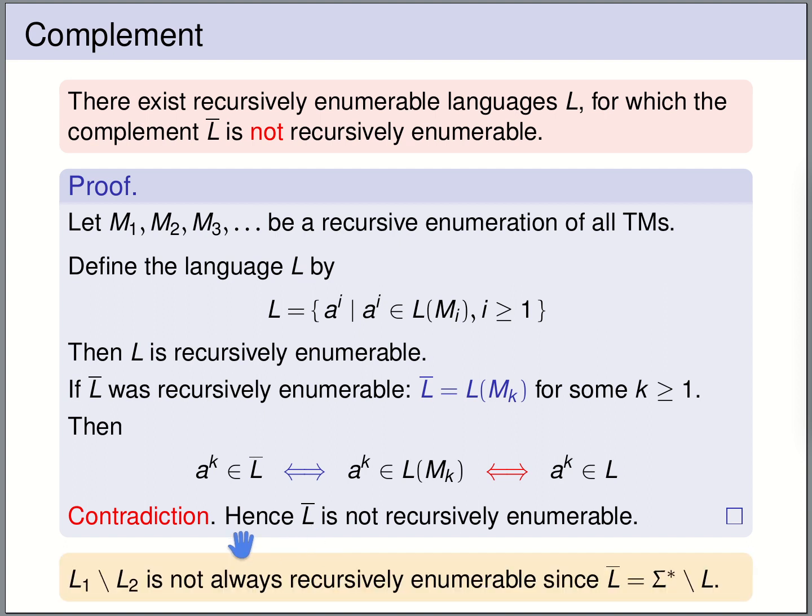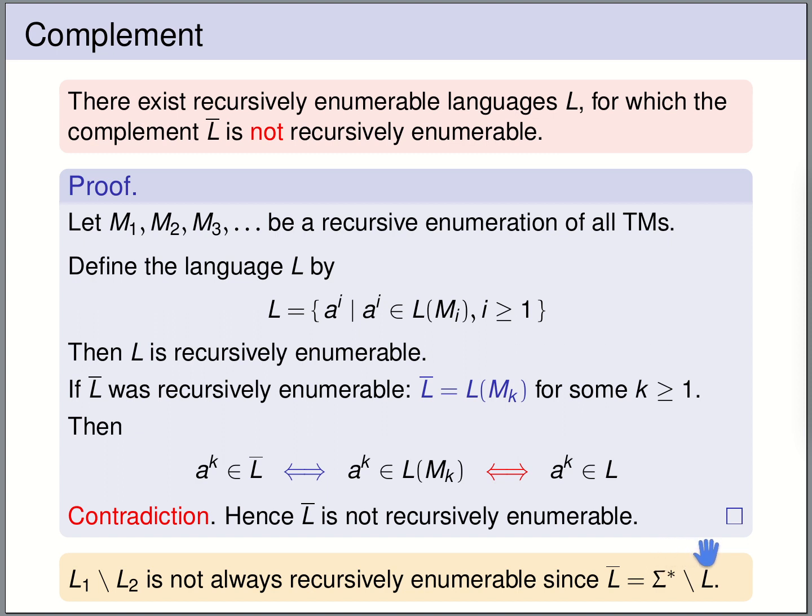And as a consequence, it also follows that the difference of two recursively enumerable languages is not always recursively enumerable. Because we can define the complement of a language as the set of all words over an alphabet minus the language L. This language clearly is recursively enumerable. We just make a Turing machine that accepts all input words.